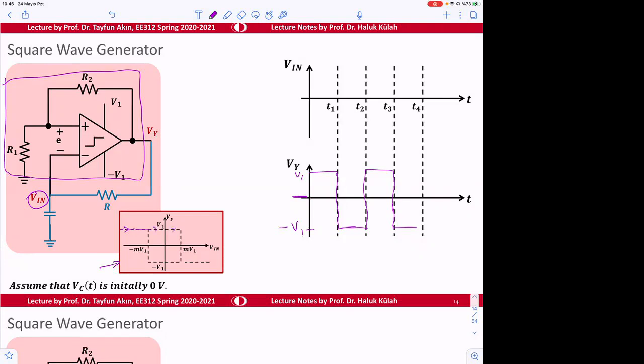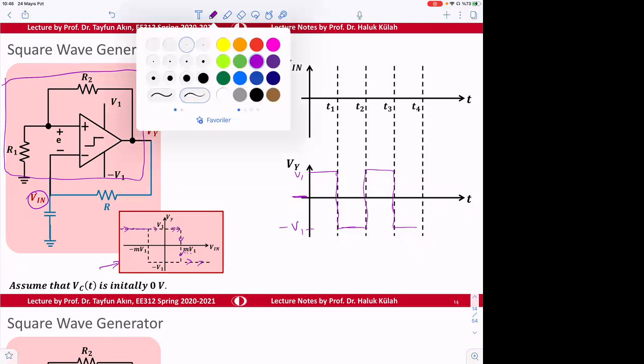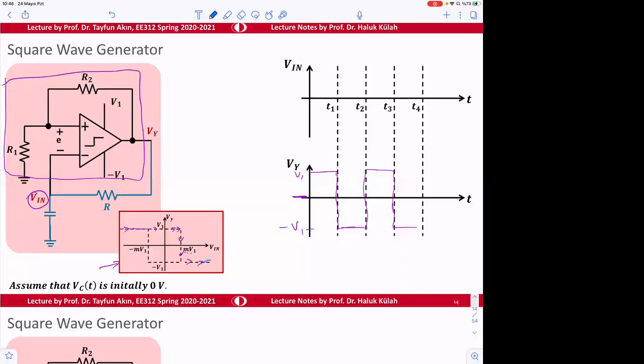And then when we increase this until a certain value, this MV1 value, the output will be V1, but then it will drop, and then it will go like this. But on the way back, when the signal is coming backwards, it will be going back this way. So we learned about this, so I'm not going to repeat again how to obtain this graphic.